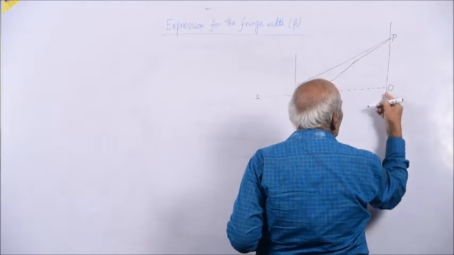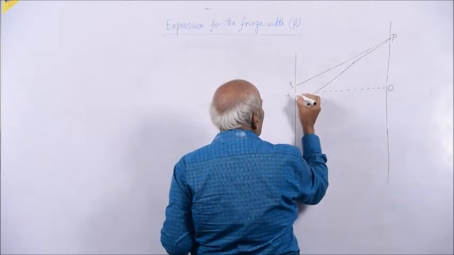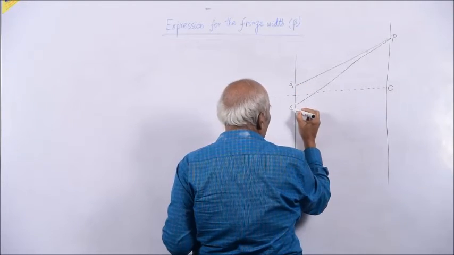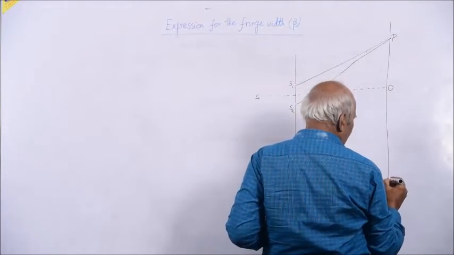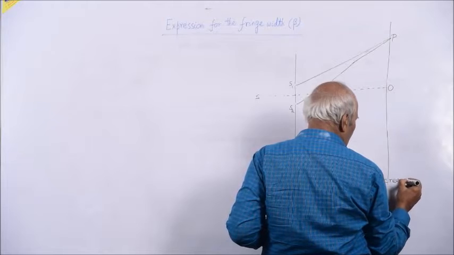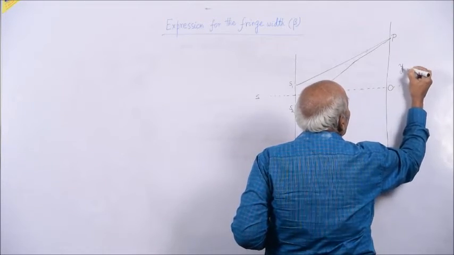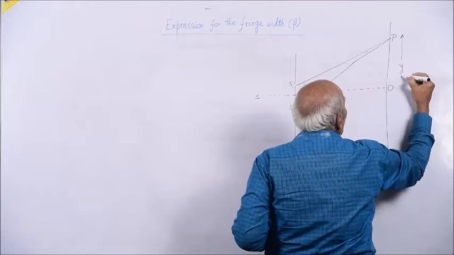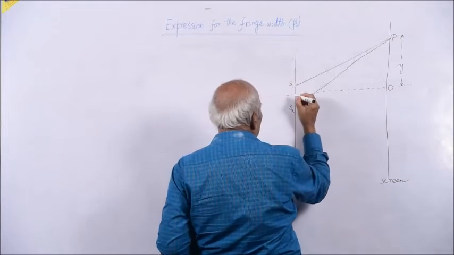So, O is the foot of the perpendicular dropped from the source S on the screen. And P is the point at distance y from the foot of the perpendicular.